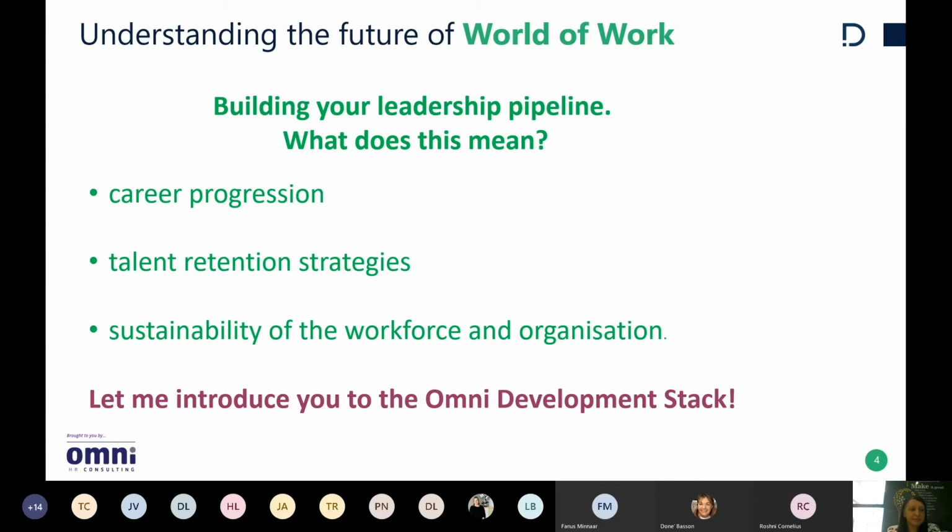So, but how can this be done? In terms of your leadership in your organization, the leadership must own the development of the individuals. And they can do this through coaching, through mentoring the individuals who've been identified as future leaders. Also, managers need to be really hands-on and involved in people development.